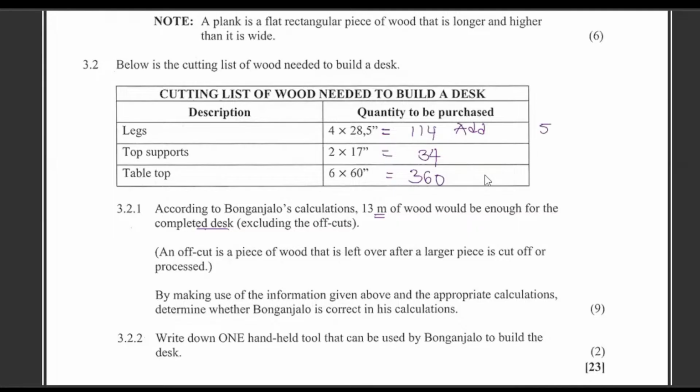So the total length that we need, but these are what? Inches. Multiply by 2.54 to turn them into centimeters. Multiply by 2, you end up having 1,290.32. These are centimeters.